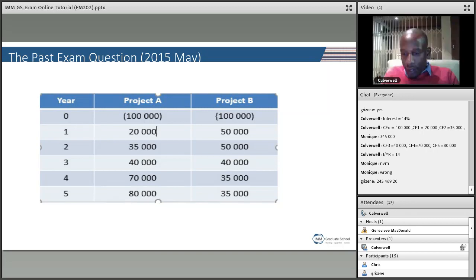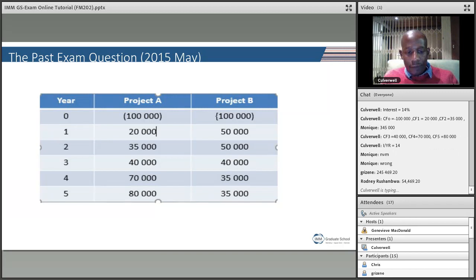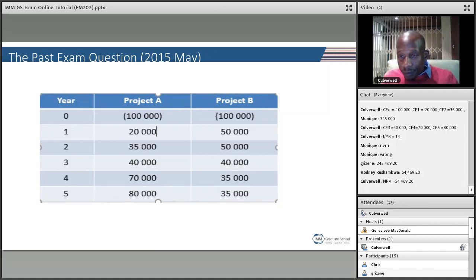So I'll quickly also do the calculation. So second function cancel. I'll then say 100,000 plus minus CFJ, which is button number 3 on the 3rd row. 20,000 cash flow 1, 35,000 cash flow 2, 40,000 cash flow 3, 70,000 cash flow 4, 80,000 cash flow 5, 14, I, second function, NPV.